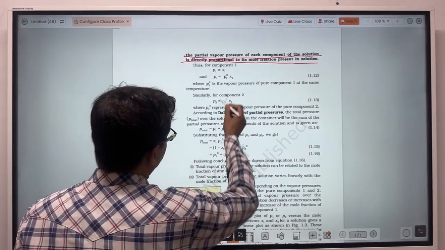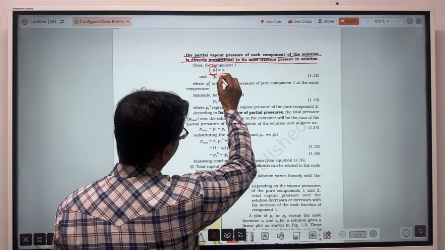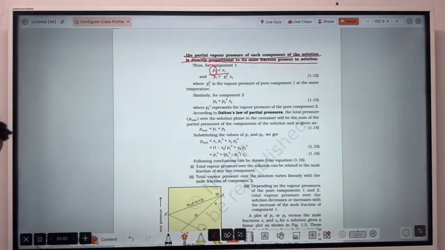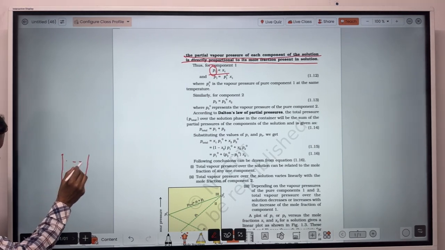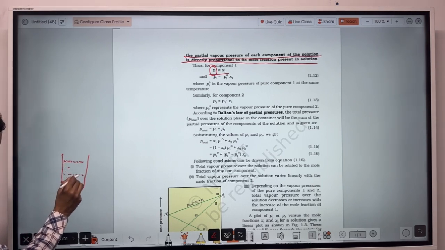Listen, so that means here the partial vapor pressure of liquid 1. Suppose here is a container. In this case, there are two liquids. One is liquid A, another one is liquid B, or liquid 1 and liquid 2.